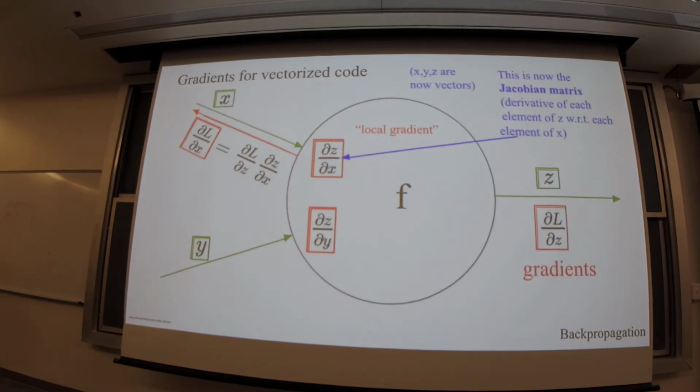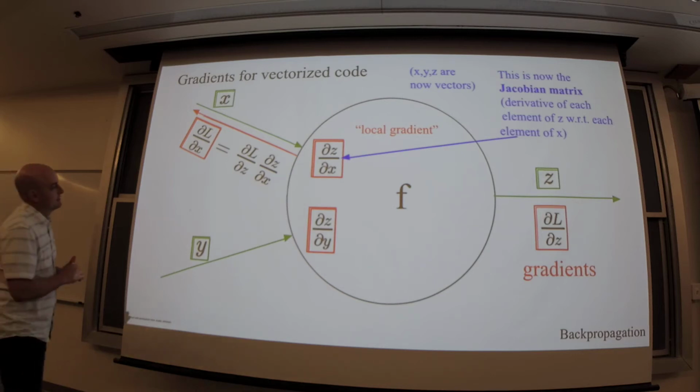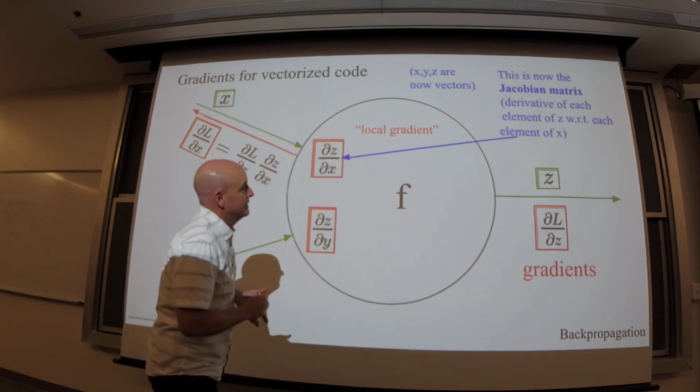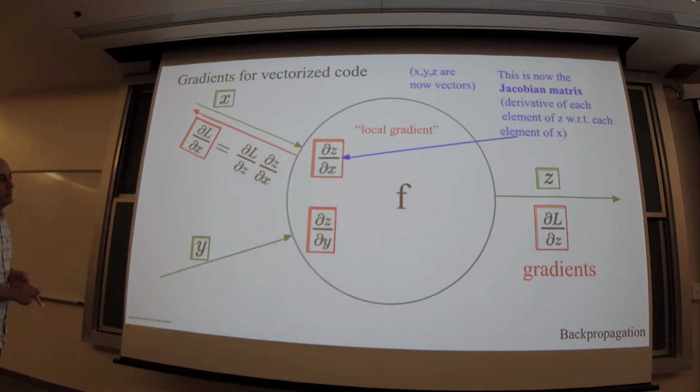Okay, now vectorized code. This is exactly the same. You just now have a bunch of indices to pay attention to. Everything is exactly the same as it was before. It's just that now in your mind you have to go, oh, I see, this is a matrix probably, or it could be a vector, and I just have to do the right matrix-vector multiplication, and everything works really well as long as you have things in the right order.